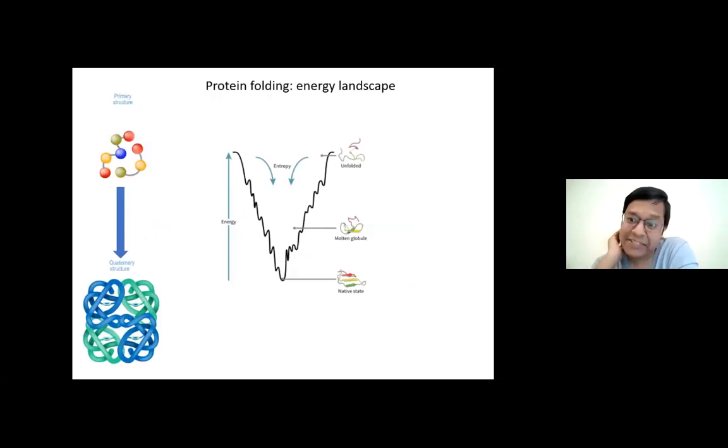And so one of the things that happens in the folding of a long string of amino acids into a three-dimensional protein shape is what we call the energy landscape. What I mean by energy landscape is, for example, if you have this long stretch and I'm holding it from both ends, it stays as a long string, but if I let it go, it'll just fold by itself, right?